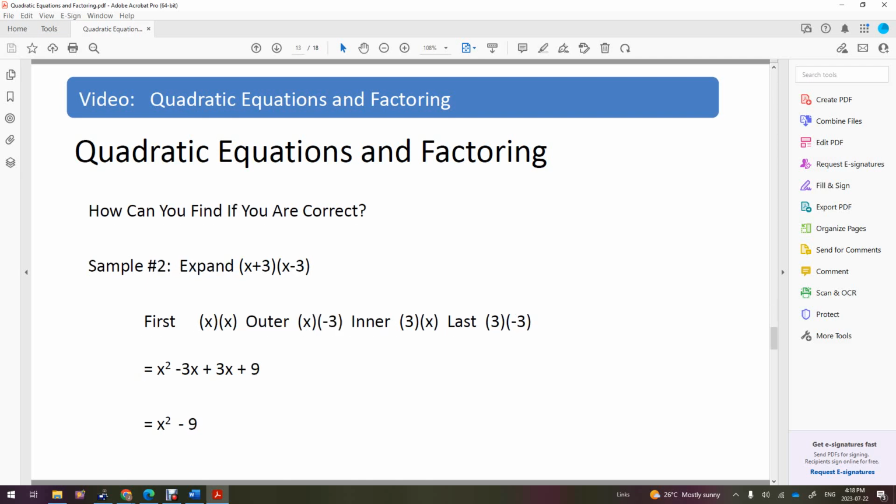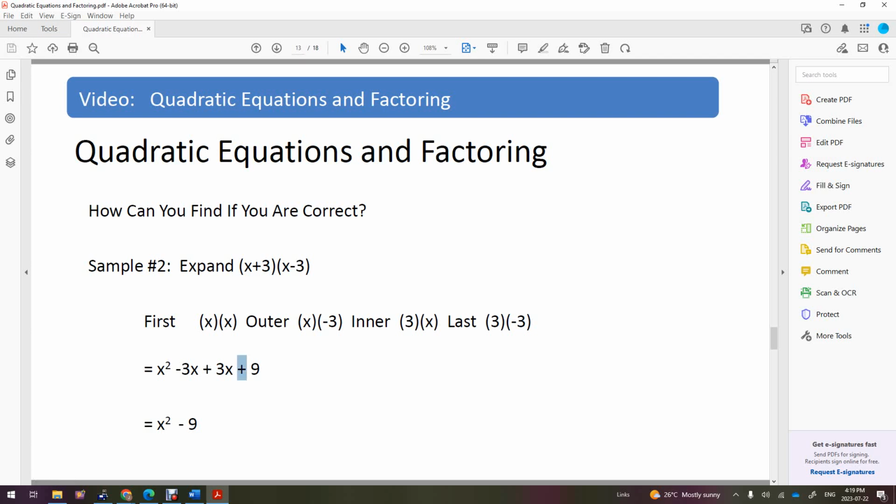Let's check this one. Expand x plus 3, x minus 3. First terms, x times x, x squared. Outer terms, x times negative 3, negative 3x. Inner, 3 times x, 3x. Last, 3 times negative 3, negative 9. So our answer is x squared minus 9.